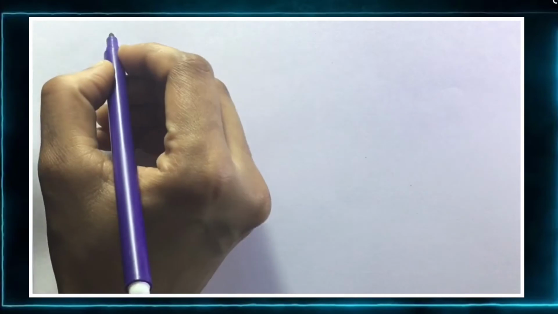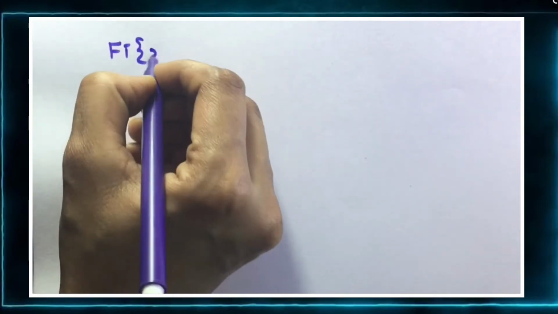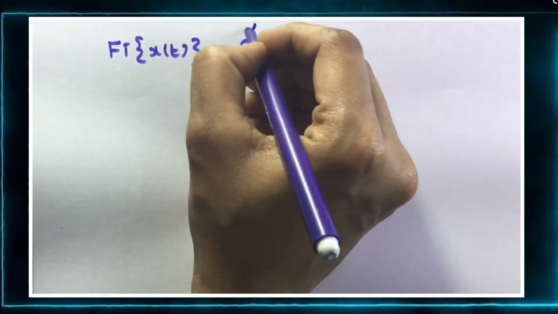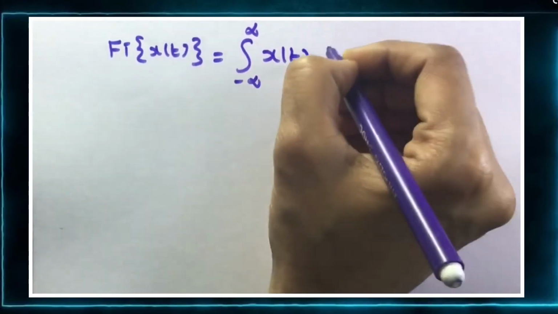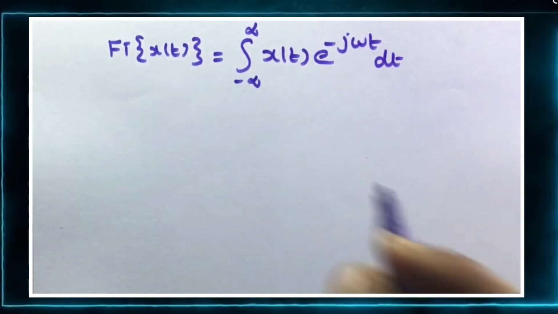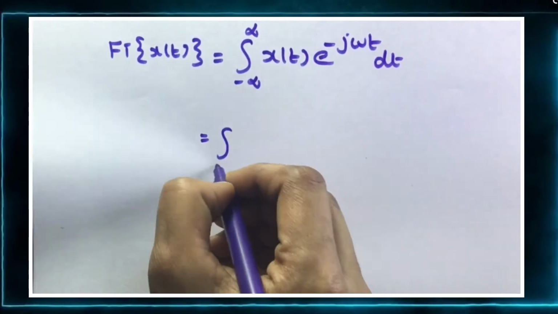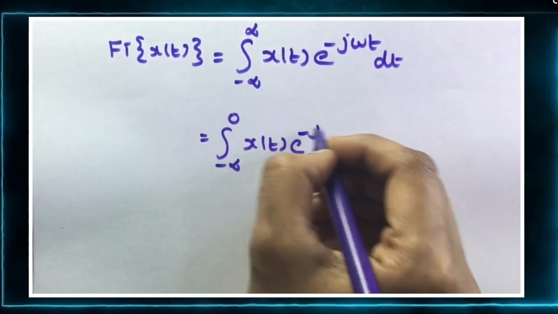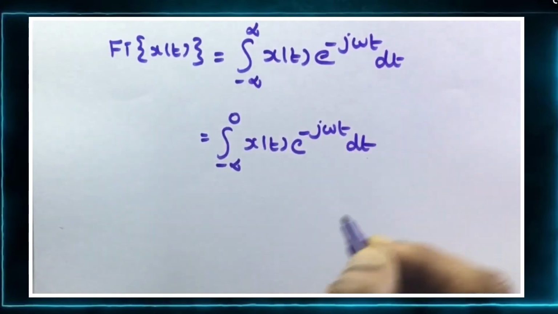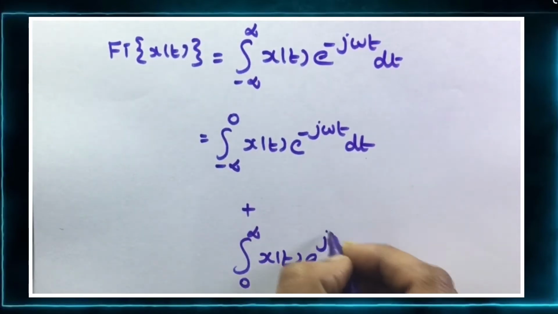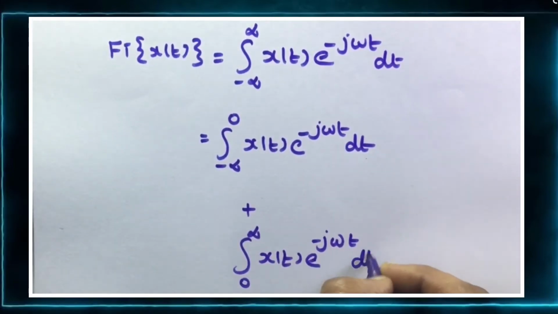Fourier transform of a continuous time signal x of t can be written as integral minus infinity to infinity x of t e raised to minus j omega t dt, which can be expressed as integral minus infinity to 0 x of t e raised to minus j omega t dt plus integral 0 to infinity x of t e raised to minus j omega t dt.